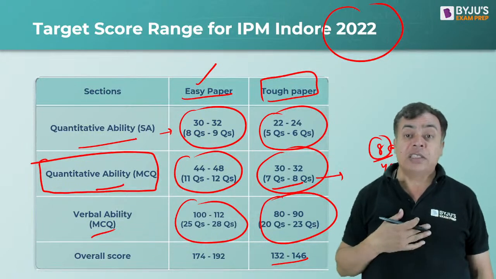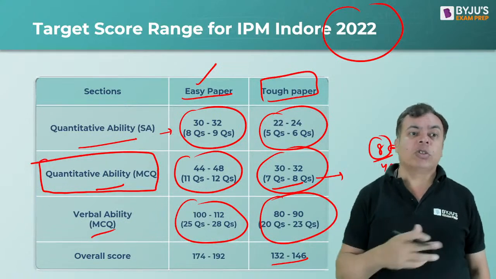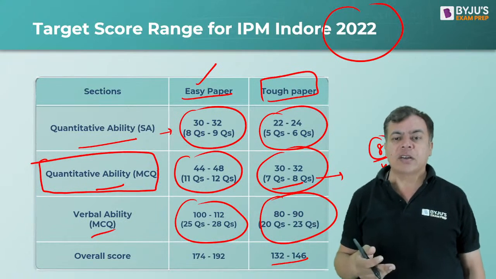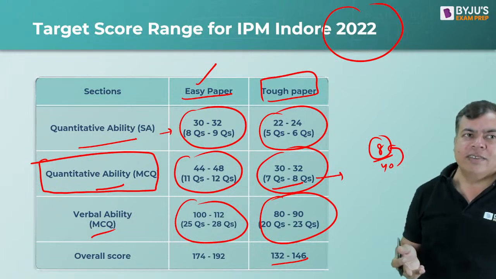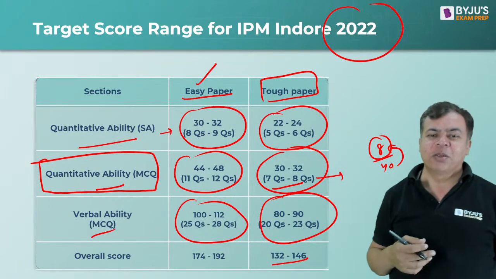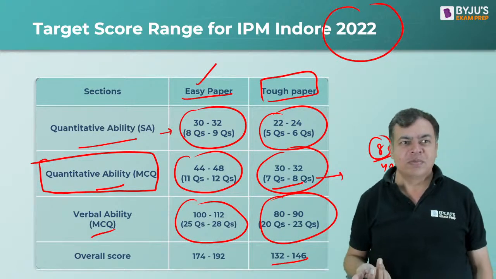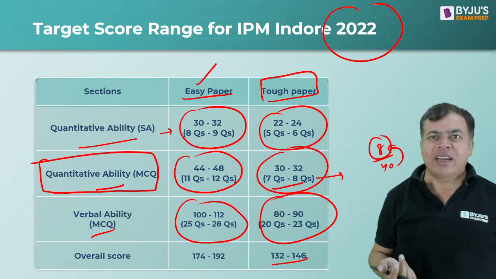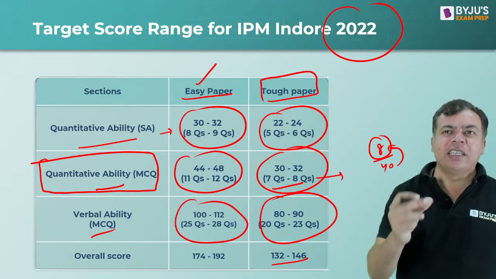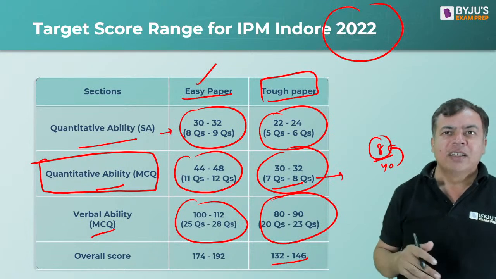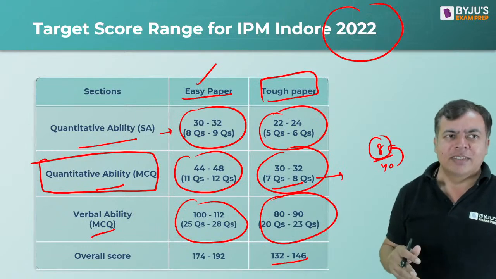A difficult paper doesn't mean that all the questions were difficult. Difficult exam means that most of the questions were difficult, but there were easy questions also. So I can look for those easy questions and attempt those. If I am clear that I need to get this many questions correct, I can look for those questions, so I can skip most of the questions.